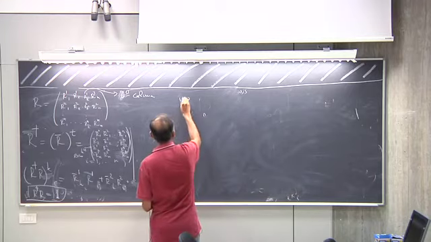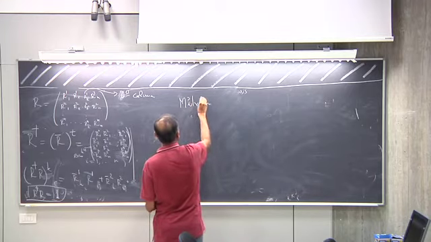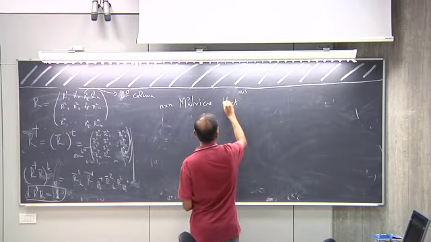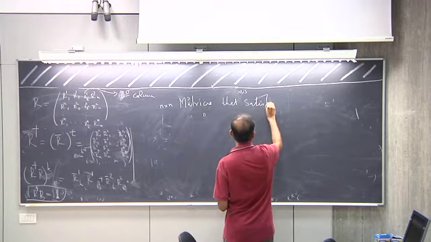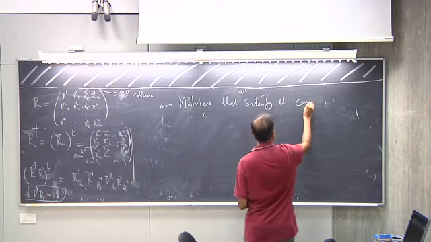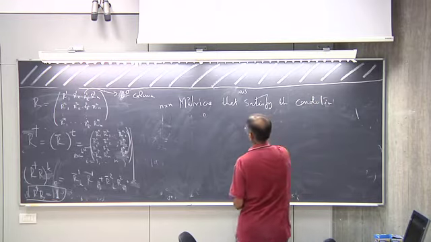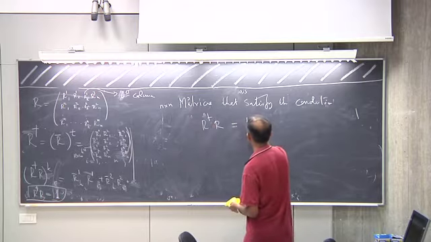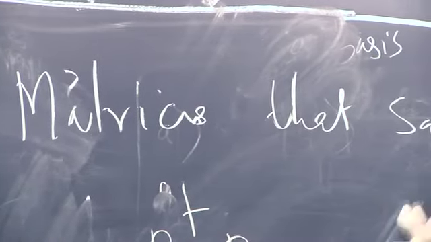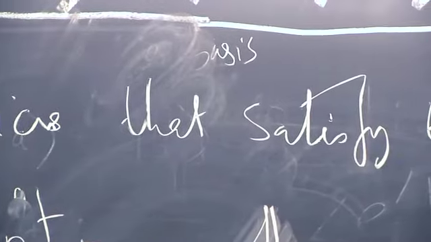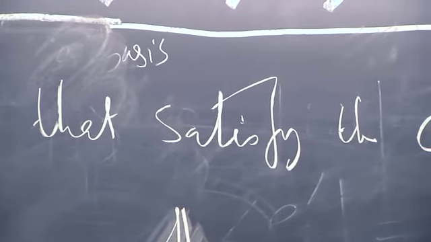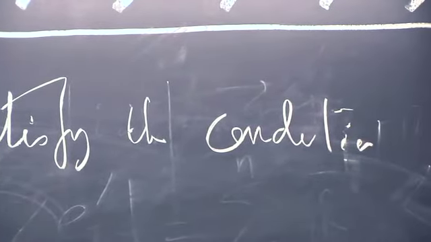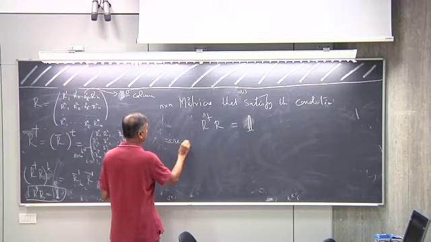So n by n matrices that satisfy the condition R dagger R is equal to the identity matrix. I'm using this bold 1 to indicate that this is the matrix 1. Then such matrices are called unitary matrices.